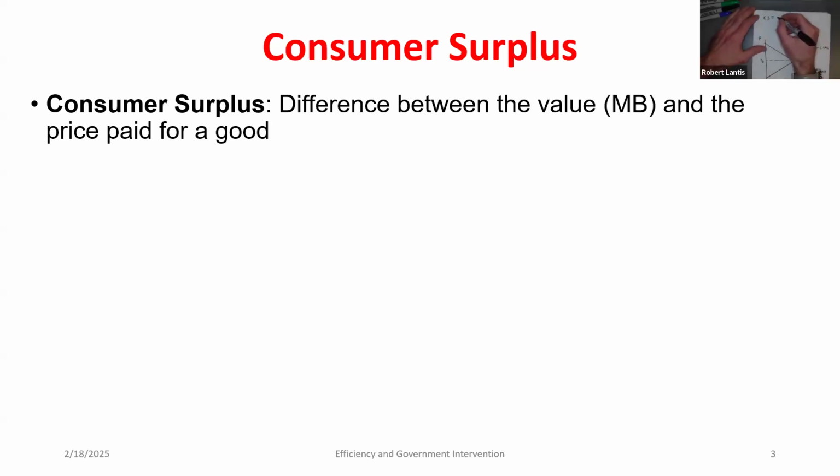It's going to be the difference between your marginal benefits and your marginal costs as a consumer. When I buy something, what represents my marginal benefits? I have it drawn up here. Marginal benefit is represented by the demand curve, right?